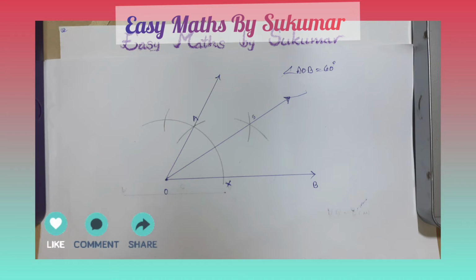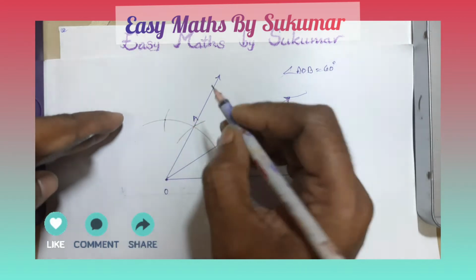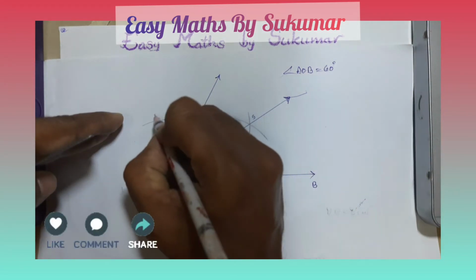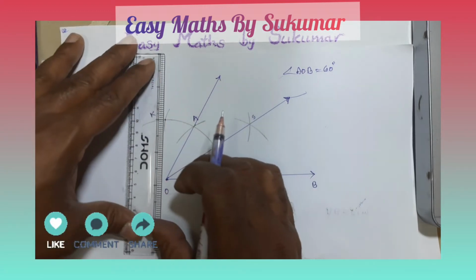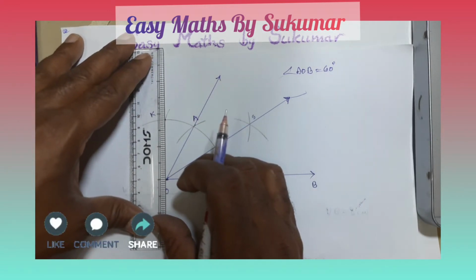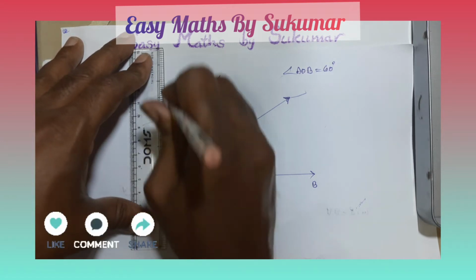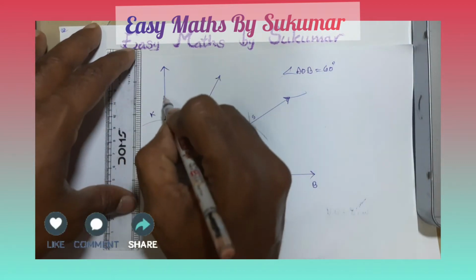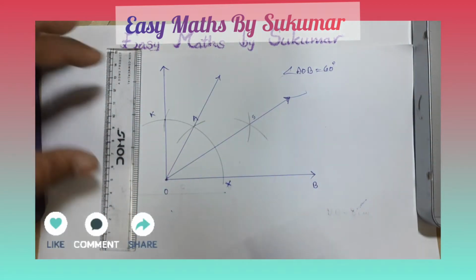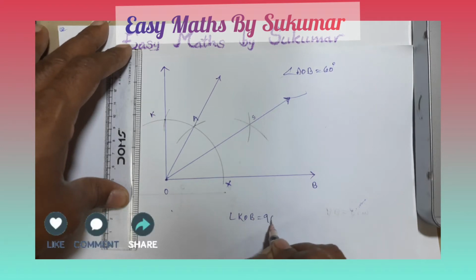Now this intersecting point, let it be some K. Now join this O and this point K. So this angle KOB is 90 degrees.